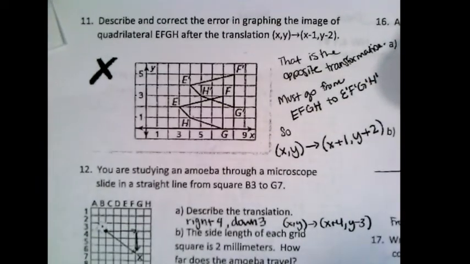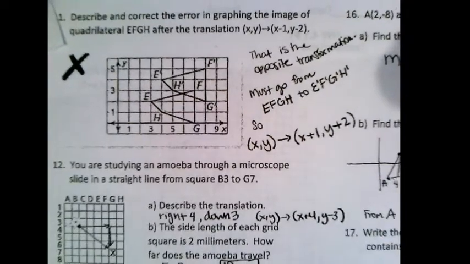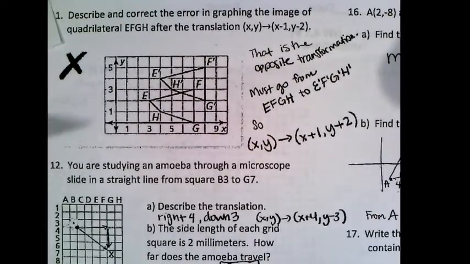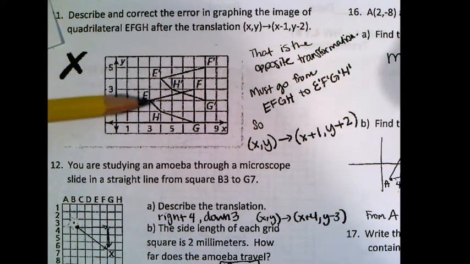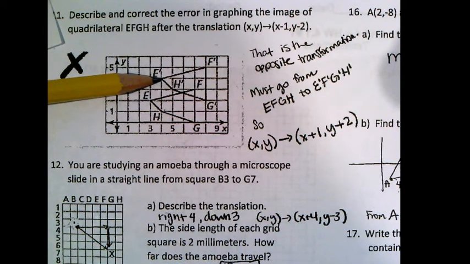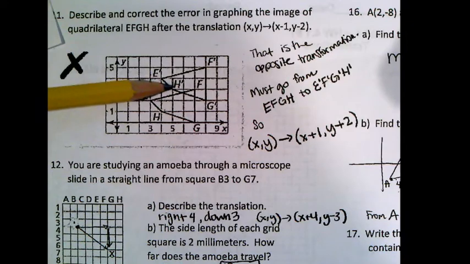I like these describe and correct the errors. So what the person did was, to get from here to here, you're supposed to go right 1 and up 2. Right 1, up 2. All of these are right 1, up 2.